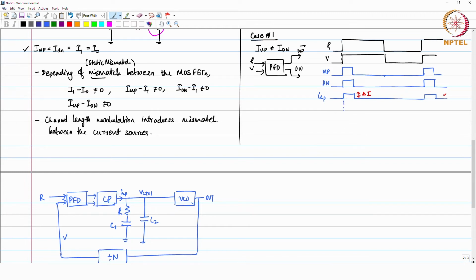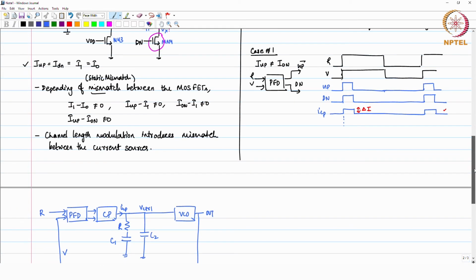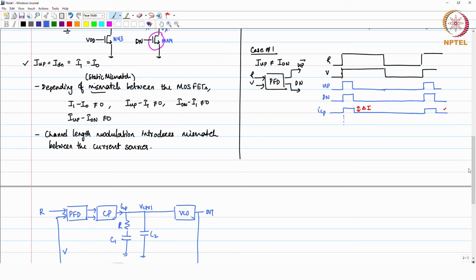So, how does it do that? This is what you see, that I up is greater than I down, so during the overlap period this will happen. In order to compensate for this current, I have to add a negative current, which means I have to create a negative phase offset. So, the PLL itself is going to create an offset like this in feedback, because that is what the PLL will control.